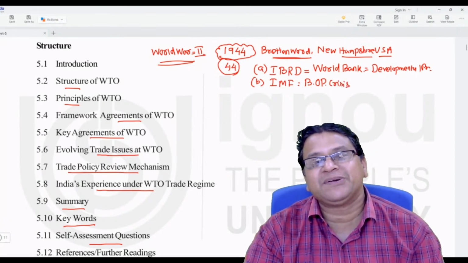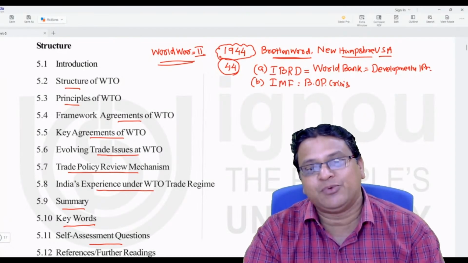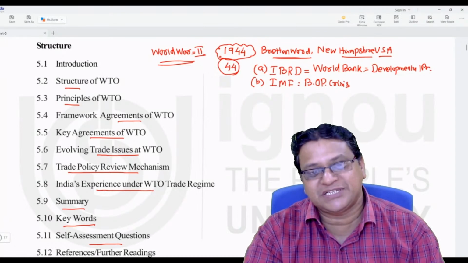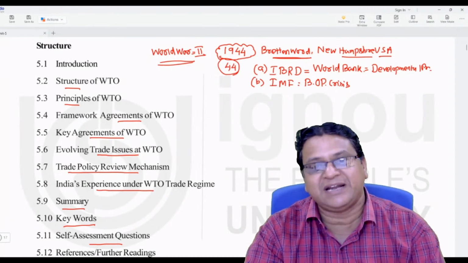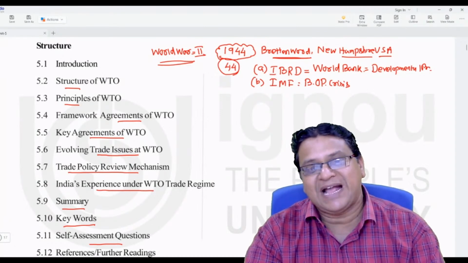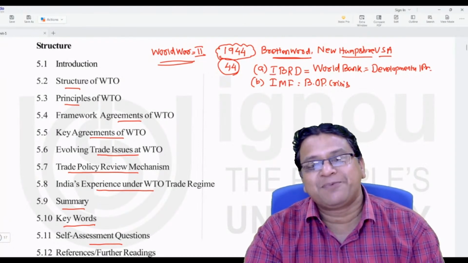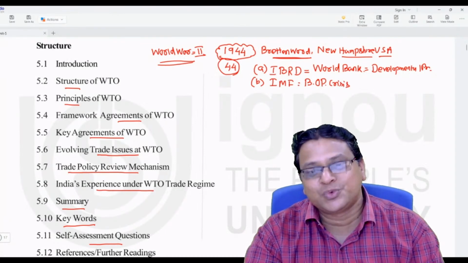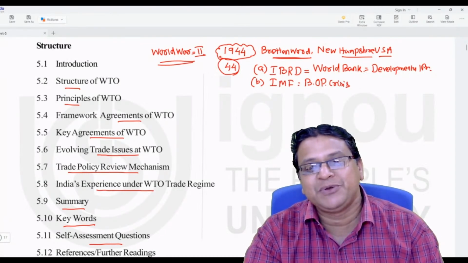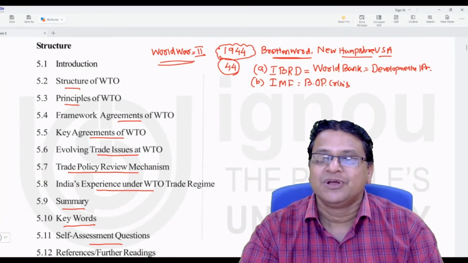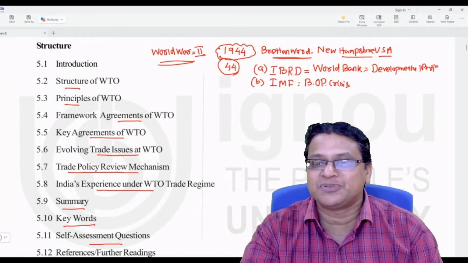For the purpose of international trade, one country must have adequate forex reserve. If a country does not have forex reserve to do international trade, then it can approach IMF for loan. So IMF is also a bank. It provides loans to countries which are facing BOP crisis. But IBRD is a bank which provides loans for different developmental projects.